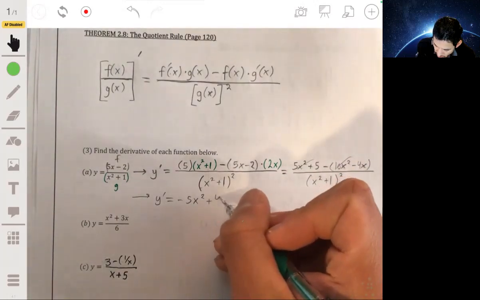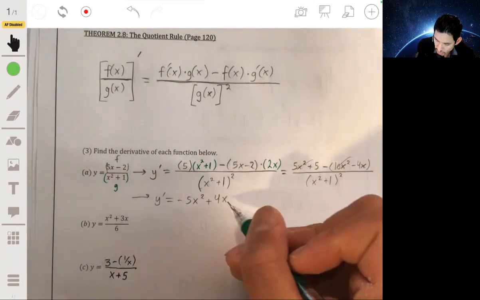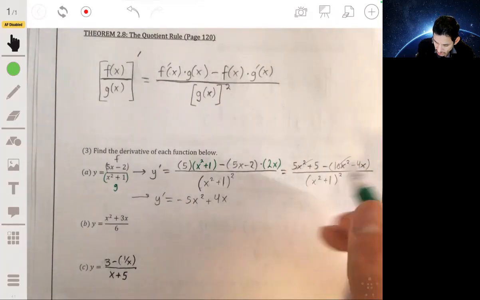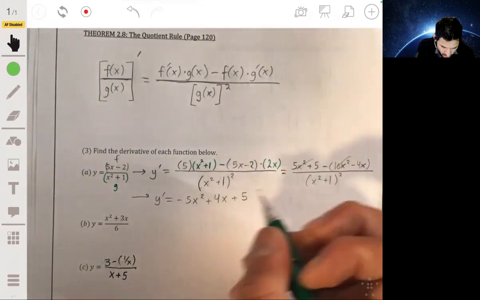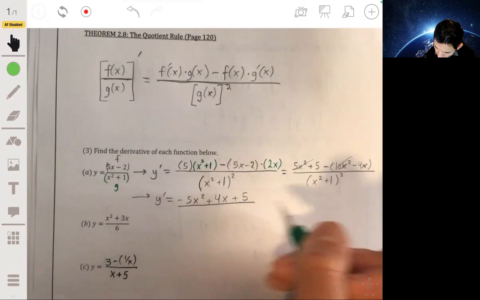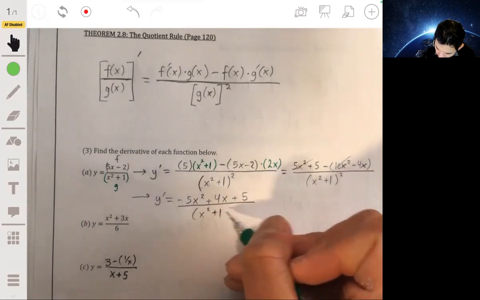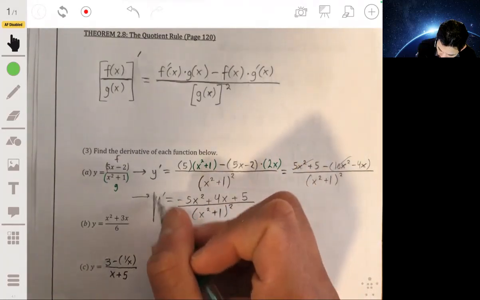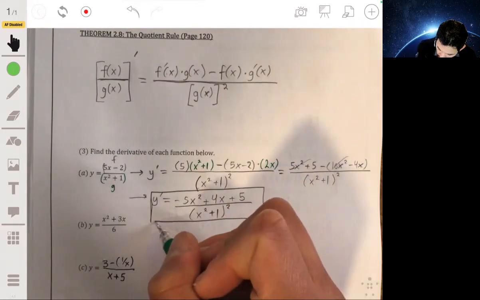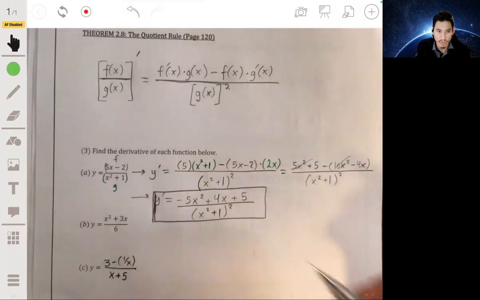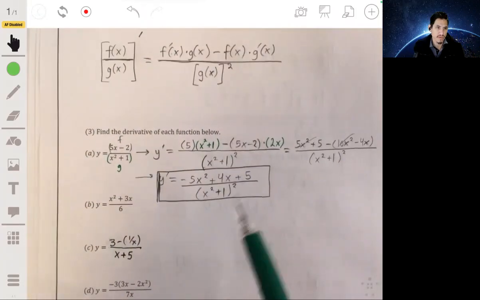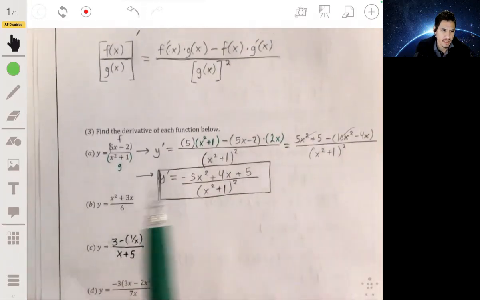Let's keep this in standard form, in order, and add that 5 at the end, all over x squared plus 1. Leave your final answer like this. Can't really simplify this anymore, so you're all good.